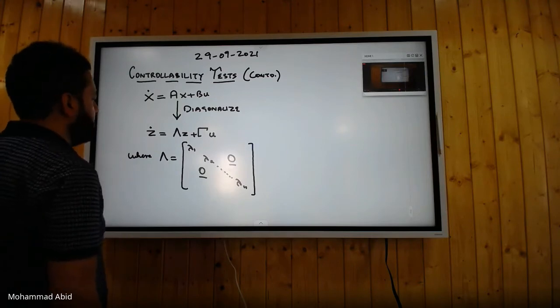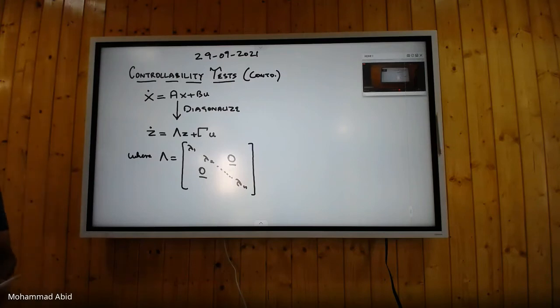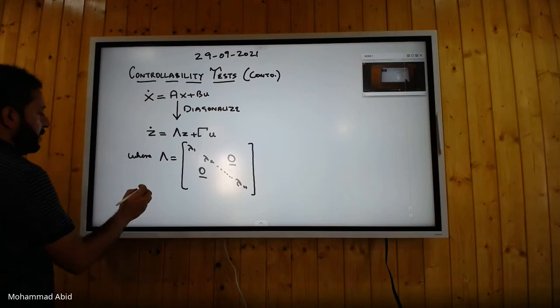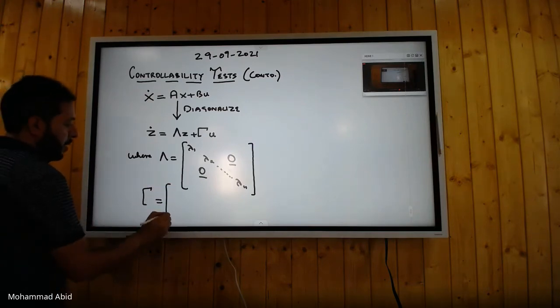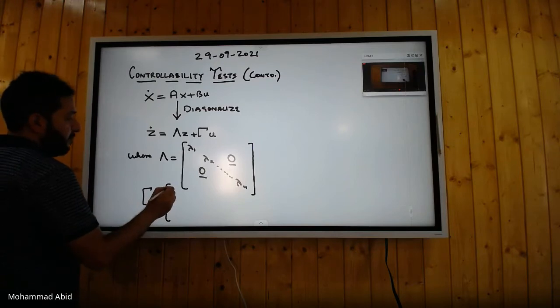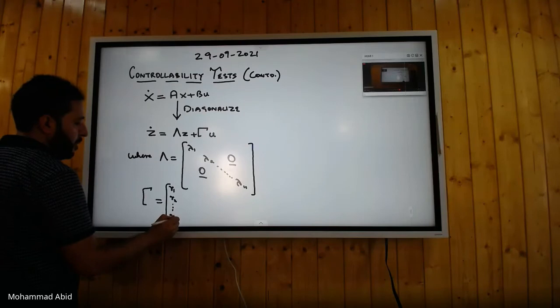And tau is some vector, with entries R1, R2, so on up to Rn.